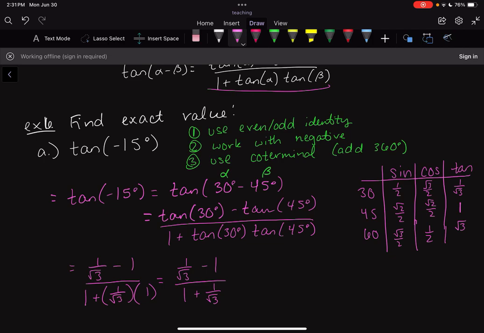So the simplifying for this is a little difficult. It's because you don't want radicals in the denominator. And then also you have separate fractions, so you need to combine them into one fraction. So a couple things that we're going to have to do here to simplify this.